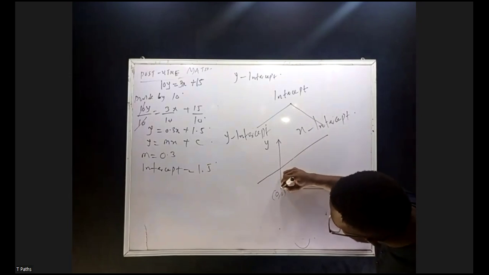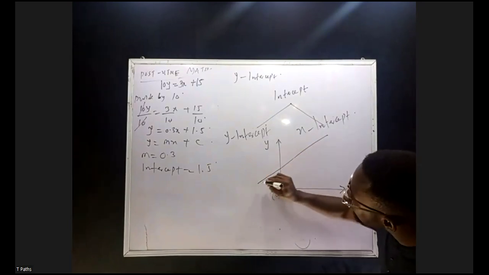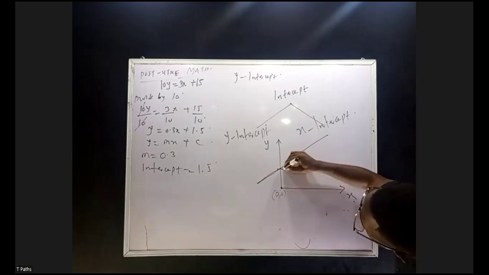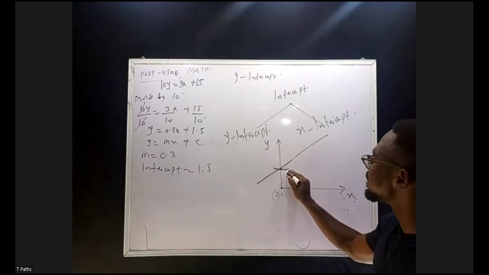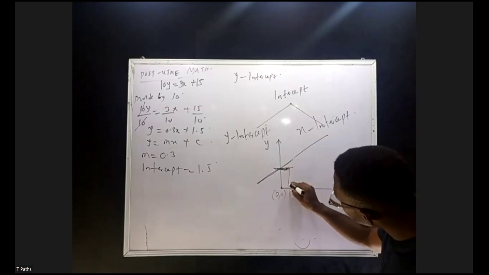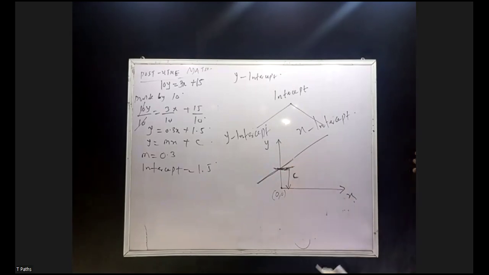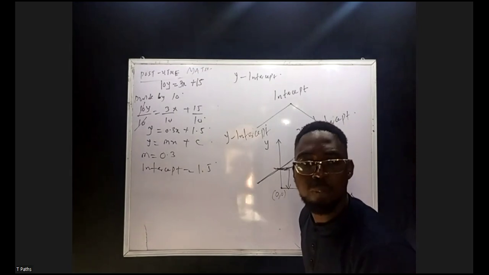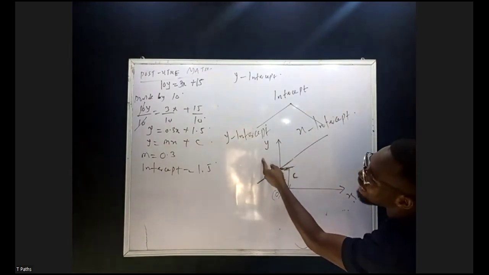Anywhere the line cuts the y-axis, the value from that point down to the origin is called the intercept.